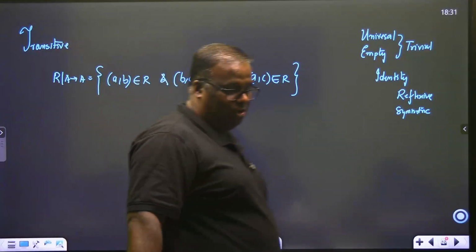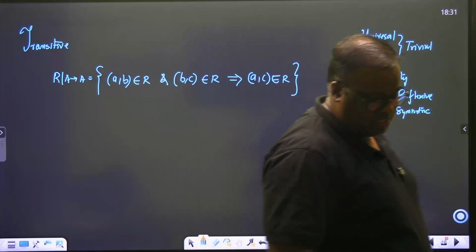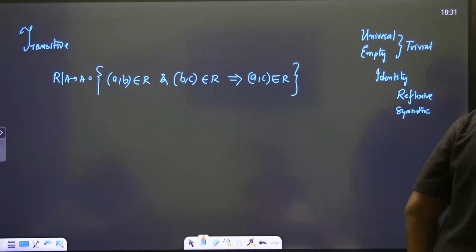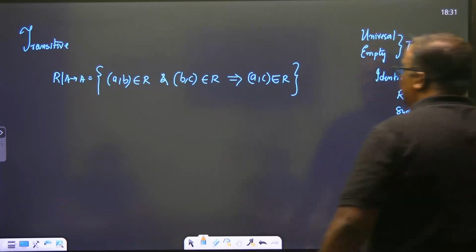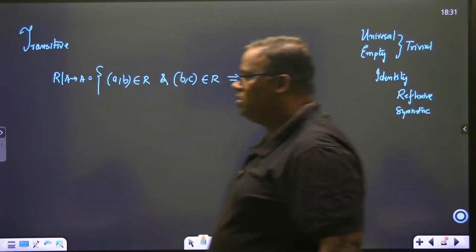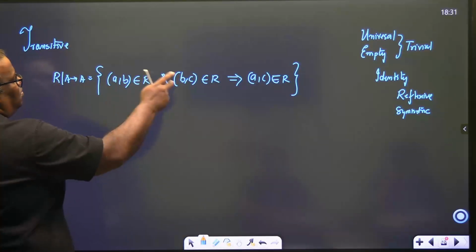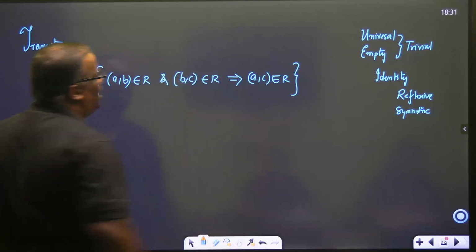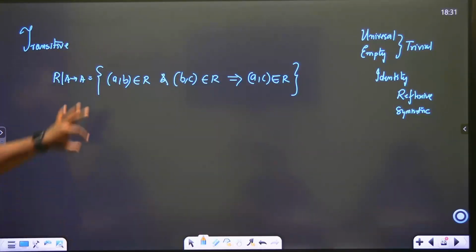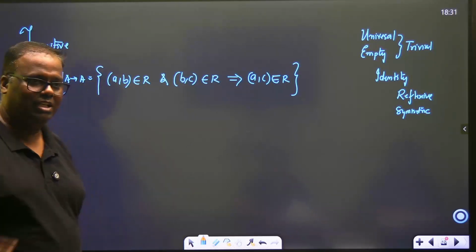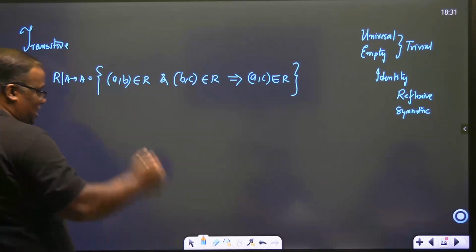If (a, b) belongs to R and (b, c) belongs to R, so it's transitive. Look, beta, (a, b), (b, c), so (a, c) belongs to R. But there is a big catch in this one. That catch you will realize if I give you some examples.